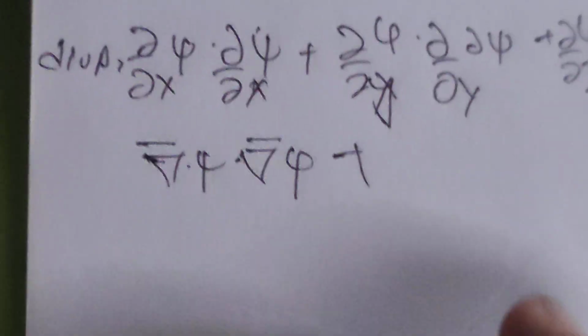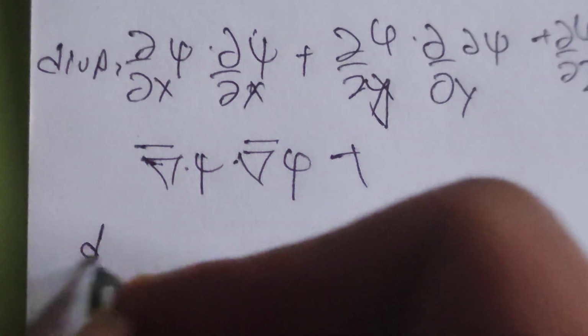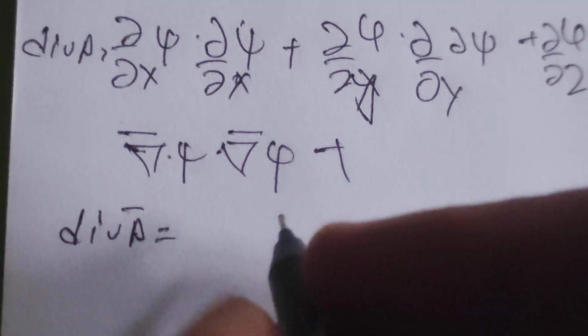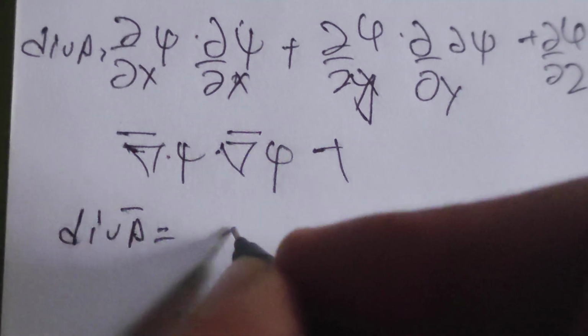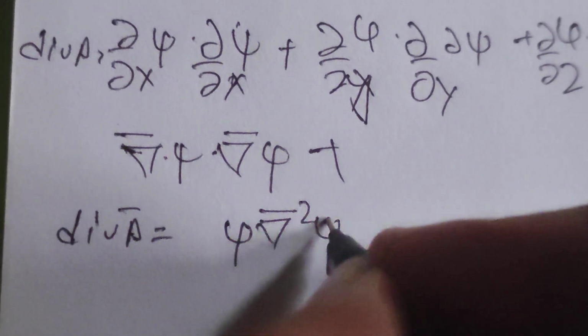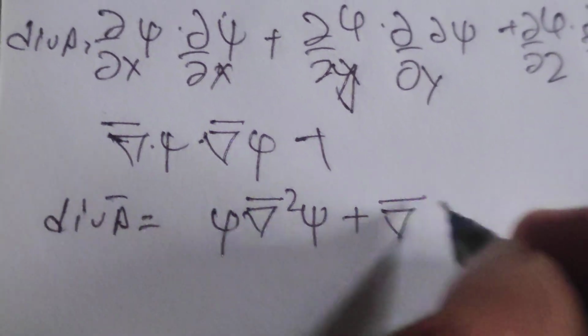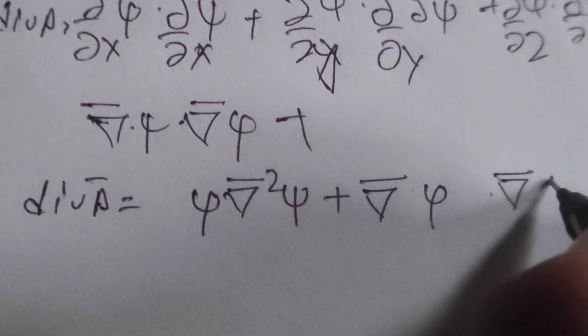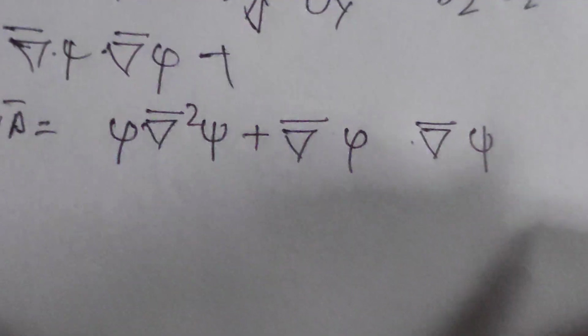So this is the whole value of the divergence of A. Let's put all this in equation 1. It is phi Laplacian psi plus gradient phi dot gradient psi.